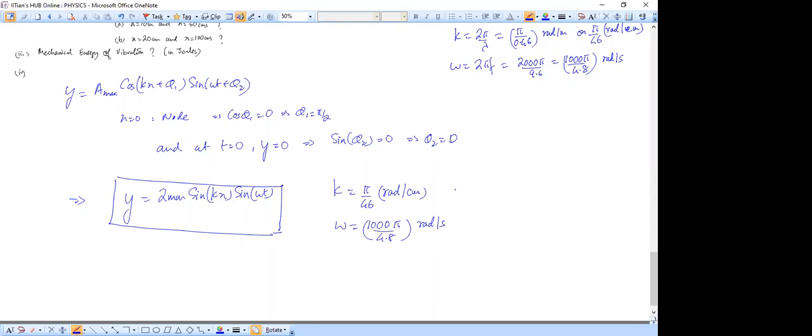Okay. So you can see that the nodes will be at x equal to 0, x equal to 46, x equal to 92 centimeters.